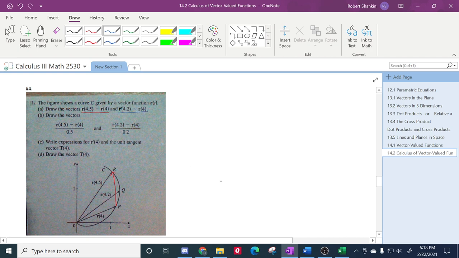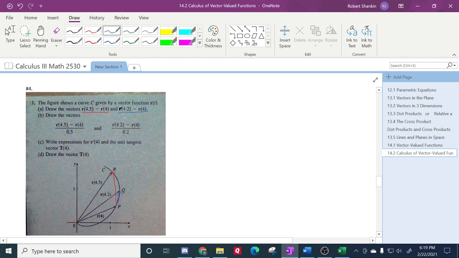Draw that one. So this also, destination minus starting point. Goes up like this.